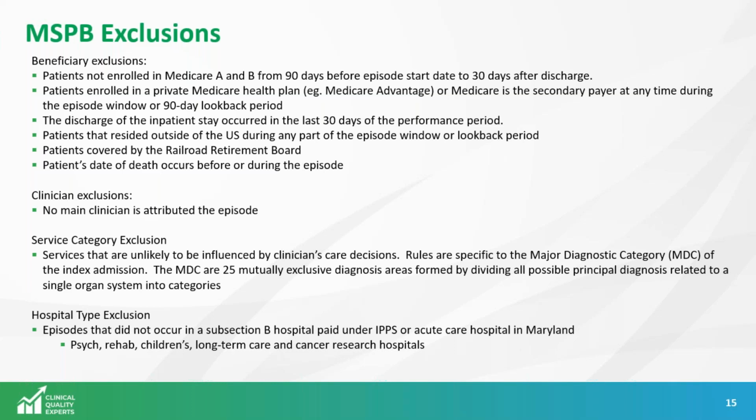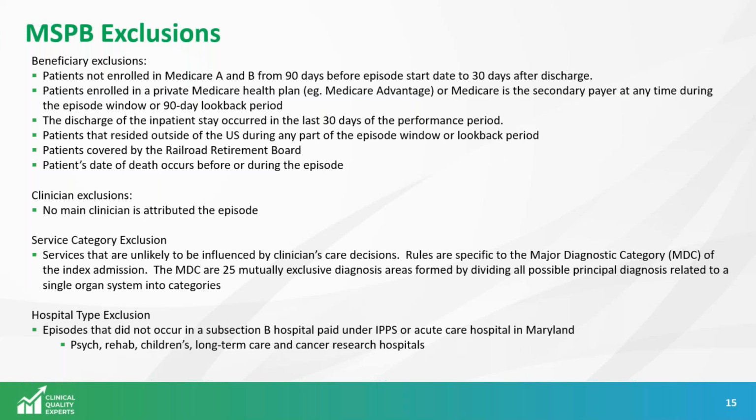The look-back period is used to ensure enrollment of the patient and then evaluating any pre-existing conditions that may affect the episode's eligibility. Then there are no specialty exclusions, but if there has not been a main clinician attributed to the episode, then it gets dropped out of the calculation.